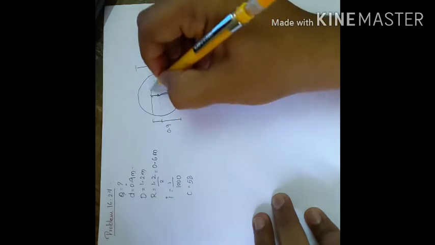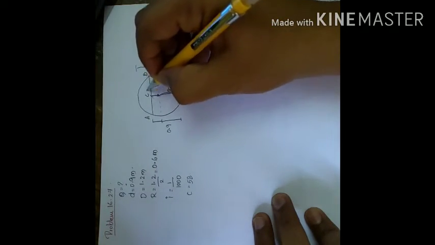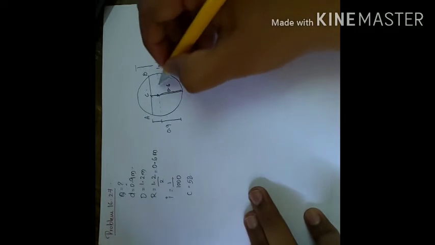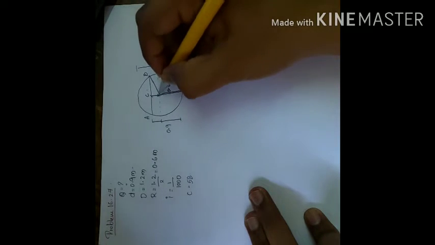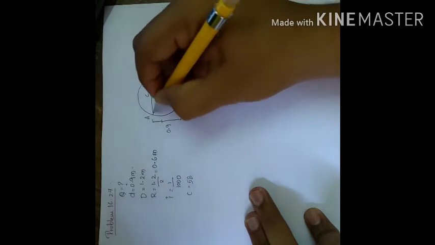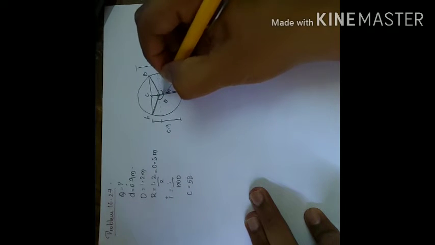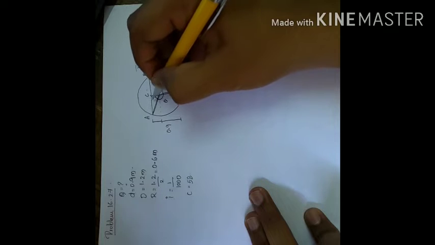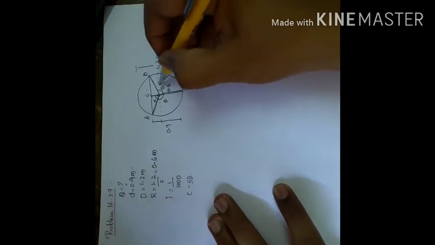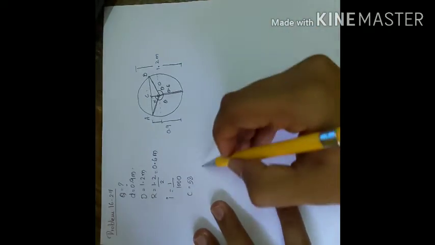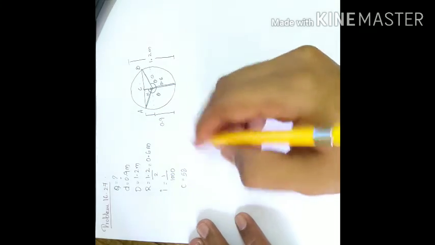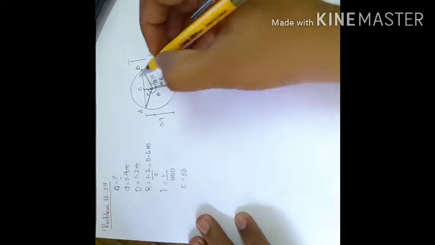Now this is A, B, C. This center line, this is the radius. So this angle is theta. This angle is also theta. This angle is named alpha. Now calculating, first we shall calculate the OC height.